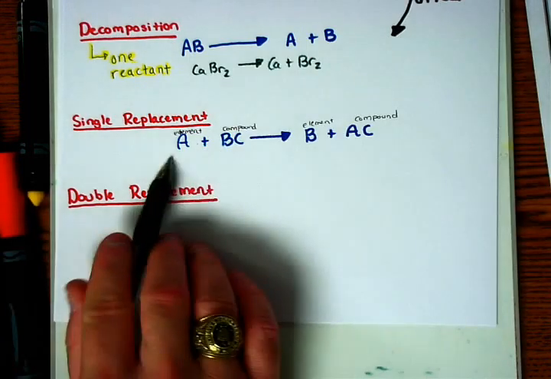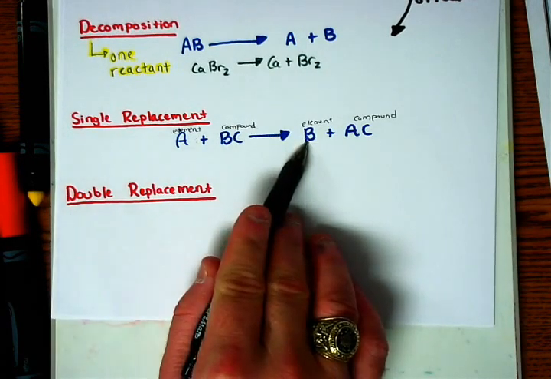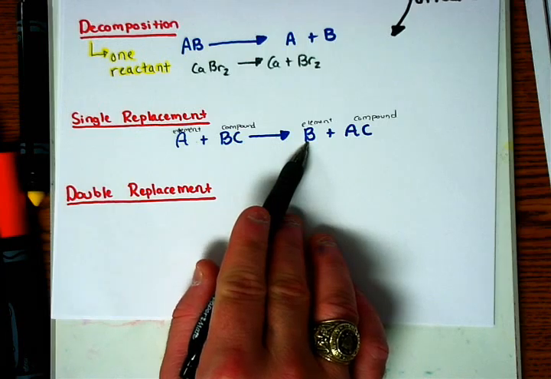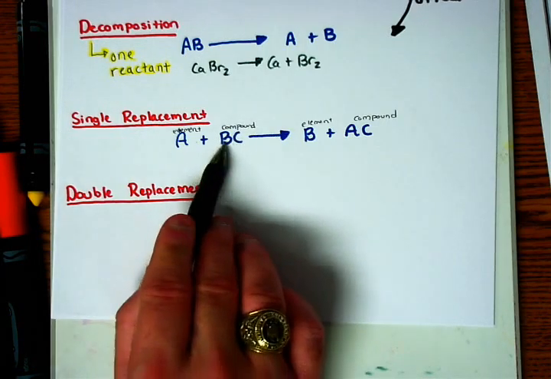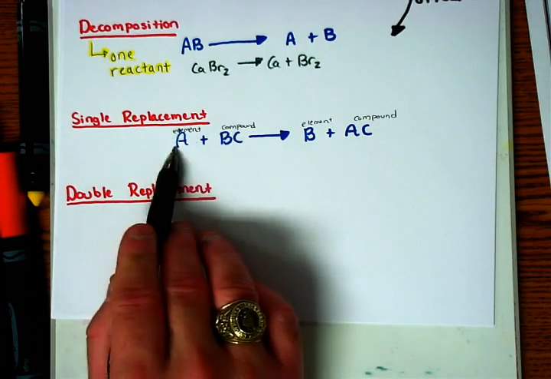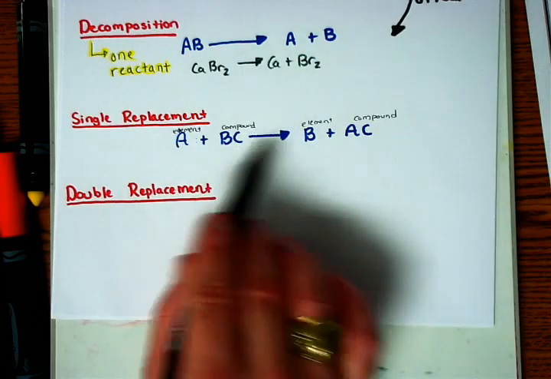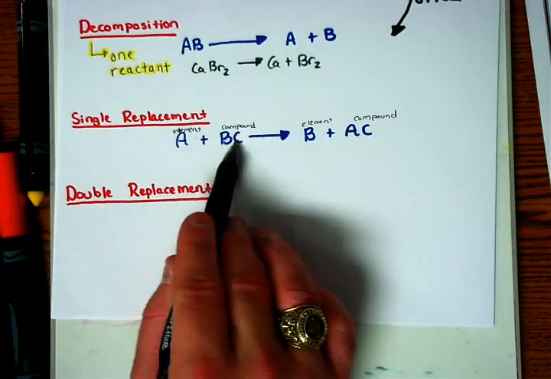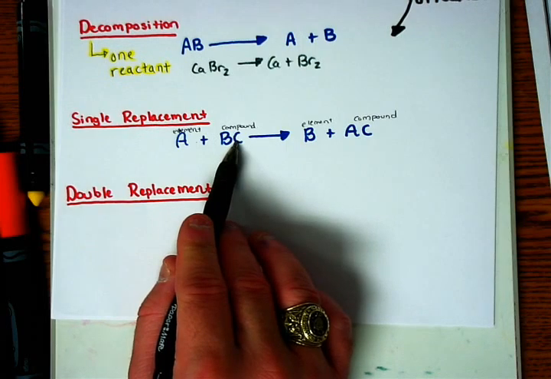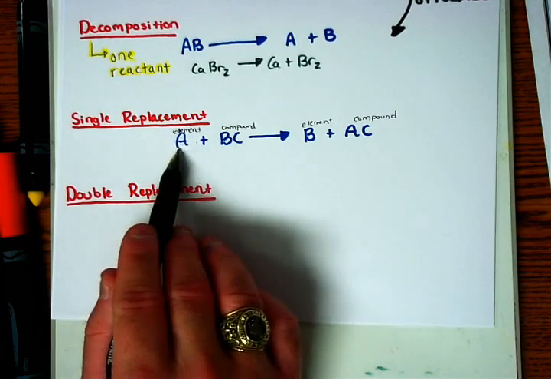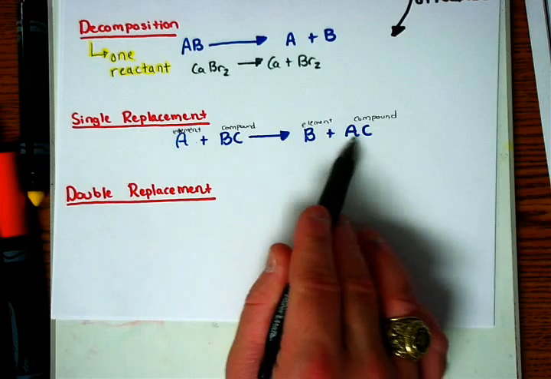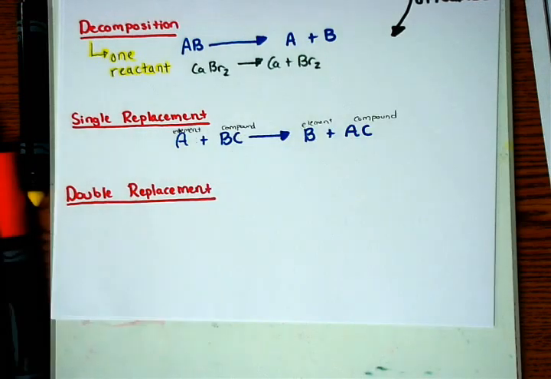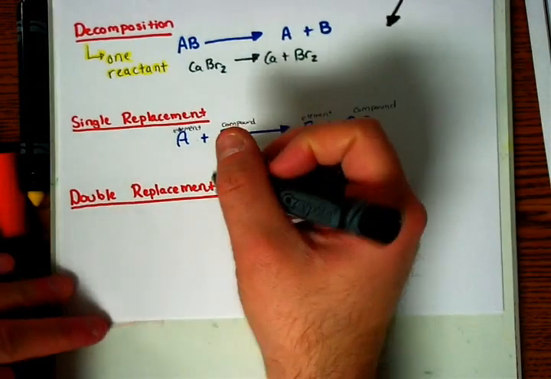The element that was on this side is not the same as the element on this side. Do you understand this principle? It's like you had a relationship between B and C. A walks in, now A kicks B out, B's gone, B's now all alone, and A and C are together. Right? So this would be like B and C are dating, now A and C are dating, and B was kicked out. Cool? But this is chemicals, so keep that in mind.